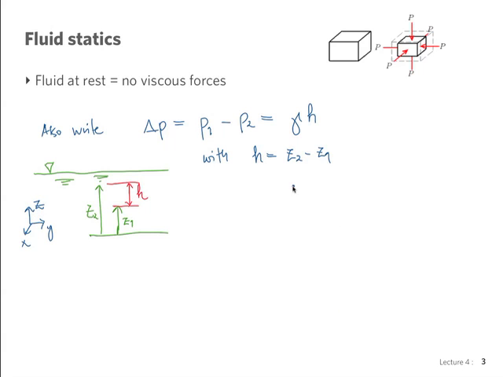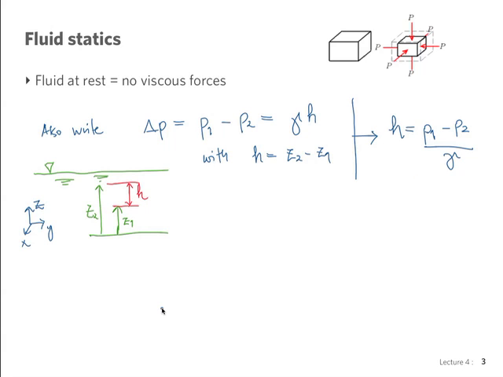Now, notice that from this way of looking at the equations, we can actually write H as a function of the difference in pressure, P1 minus P2 over gamma. You see that?